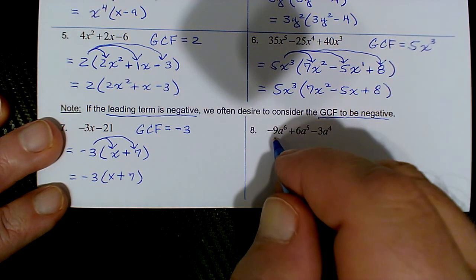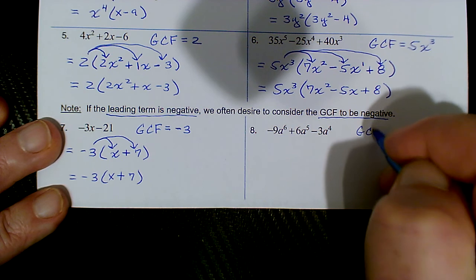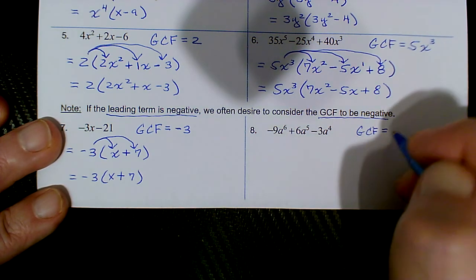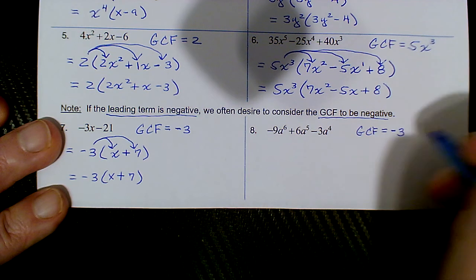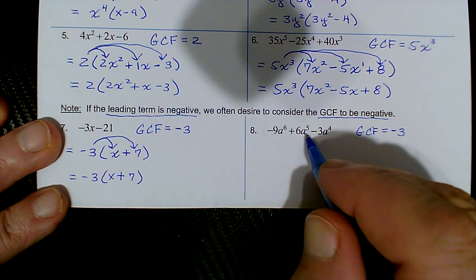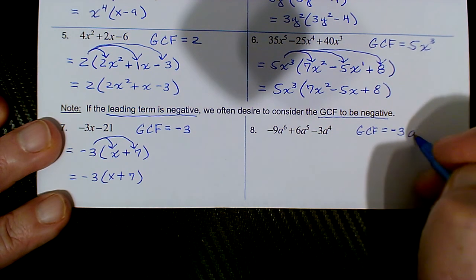Alright, here between each of the terms, again it looks like a 3, but notice the leading term is negative, so I'm going to factor a negative 3. And then also between the variable factors, the smallest power is a to the 4th.